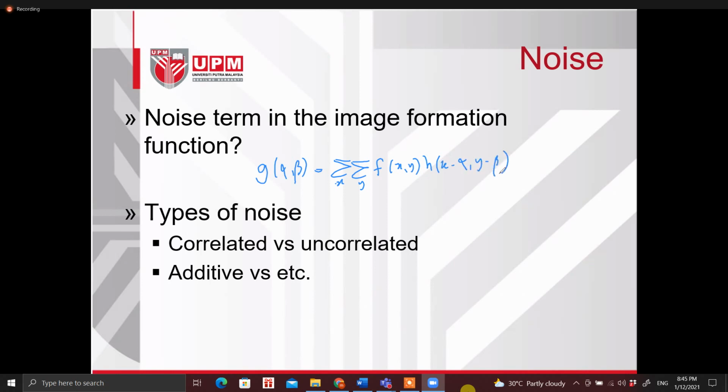So this is the original image formation function in the spatial domain. Spatial domain means the real space that we are living in on Earth. Sometimes they call it the real domain.